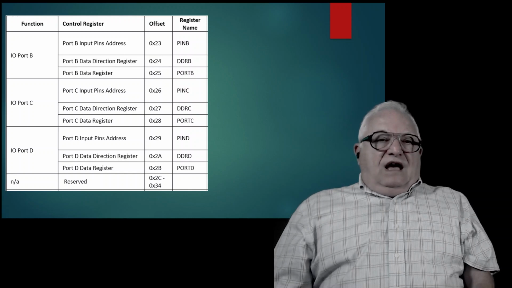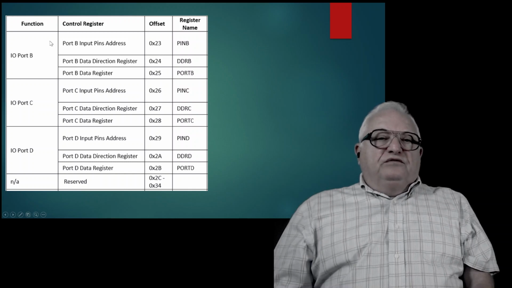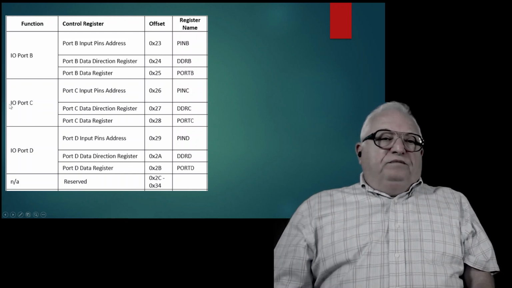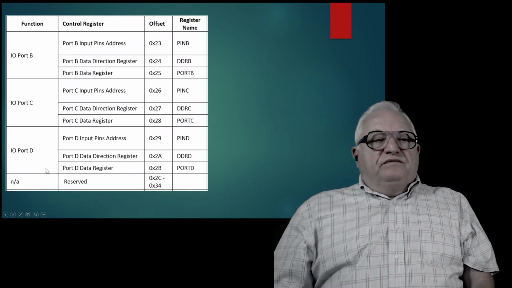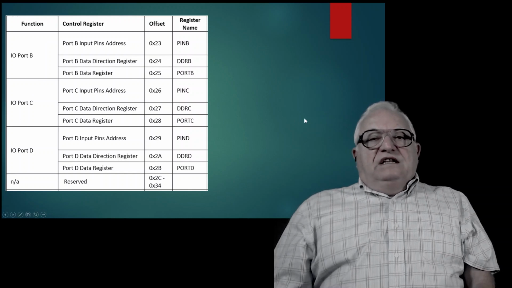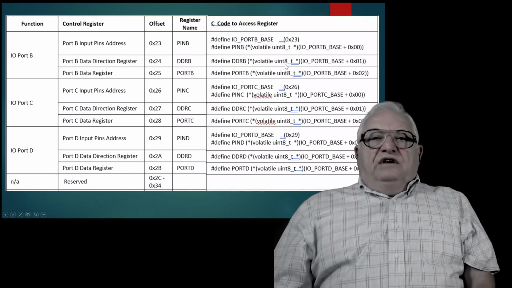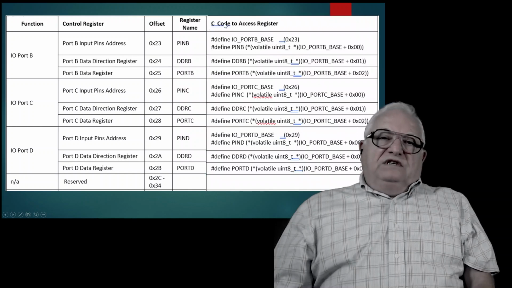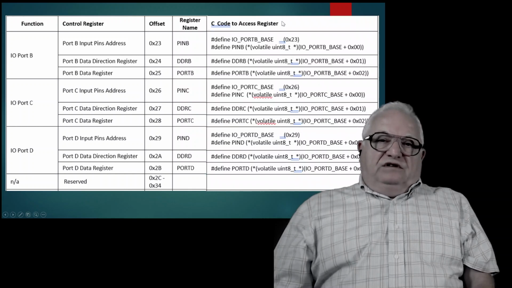What I added on the left-hand side is the function. And I noticed that the memory locations were 23, 24, 25, and that grouped the microprocessor functionality very nicely. The next thing I did was create another column, which is the C code to access the register.